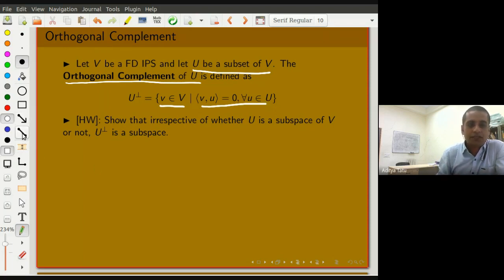Maybe if you want, we can do an example here. Let's consider R². This is my theta. What is the orthogonal complement of theta? What vectors in R² are orthogonal to the origin?